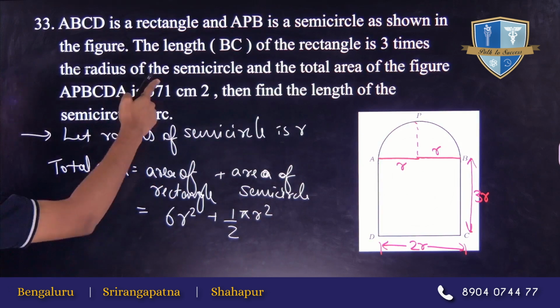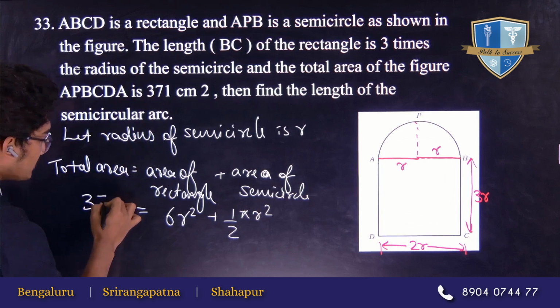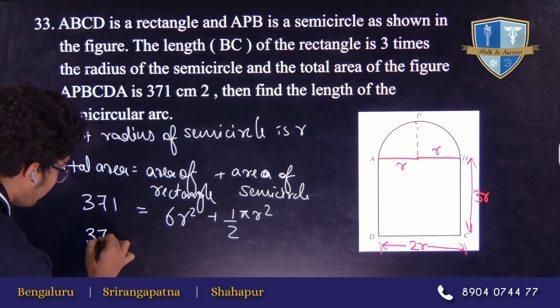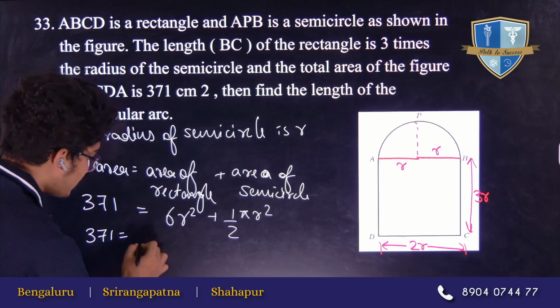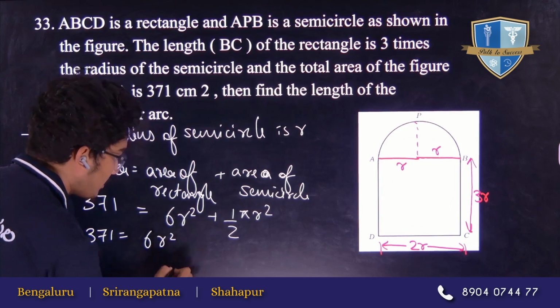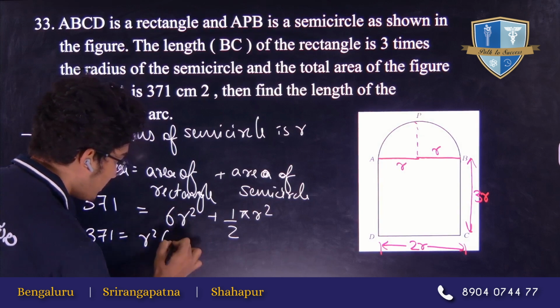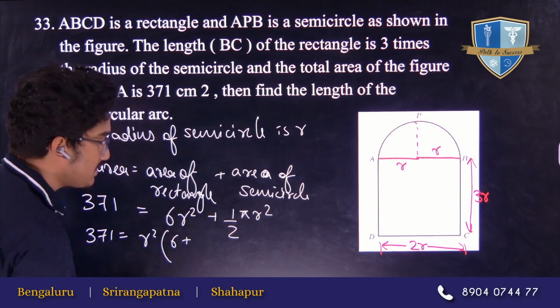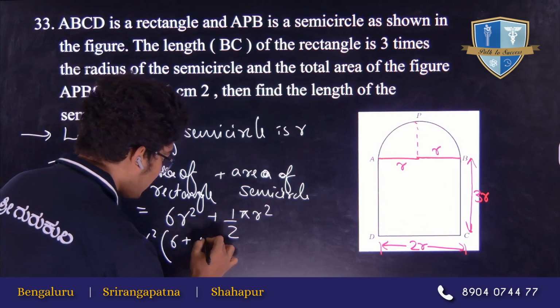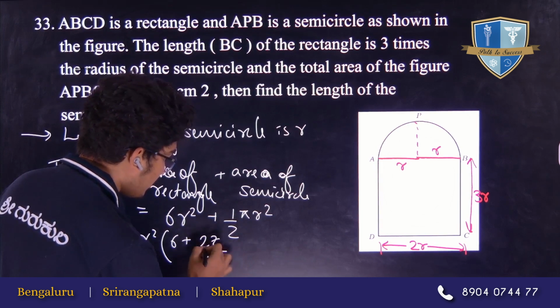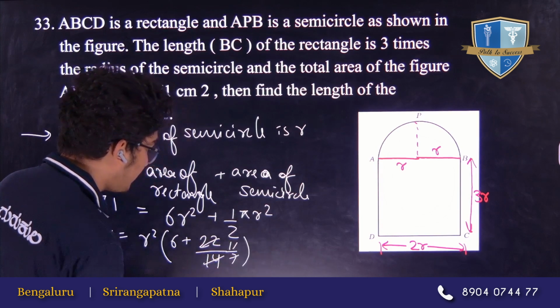And the total area in the question is given as 371. Okay, so 371 is equal to 6r square plus half pi r square. Let's take r square common. So it is r square into 6 plus half of pi, and pi is 22 by 7. So this will be 22 by 7, 2s are 14, so 11 by 7, correct?